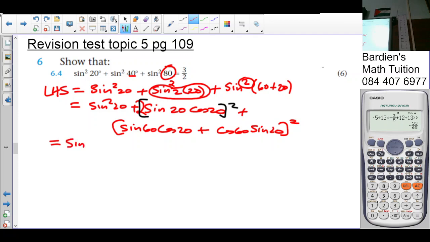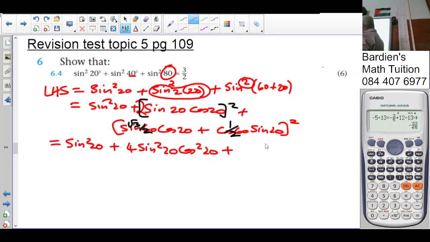So that's going to be sine squared 20 plus 4 sine squared 20 cos squared 20 plus, now sine of 60 is going to be root 3 over 2. Cos of 60 is half. I'm doing that because I don't want to rewrite anything again. So the first term squared is going to be 3 over 4 cos squared 20, plus first term times second term times 2.